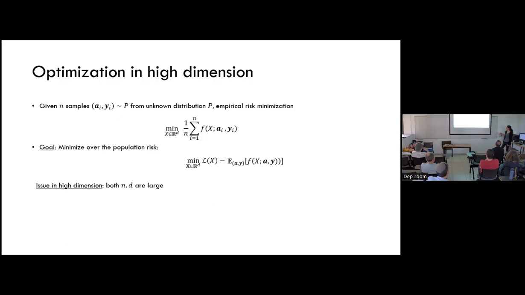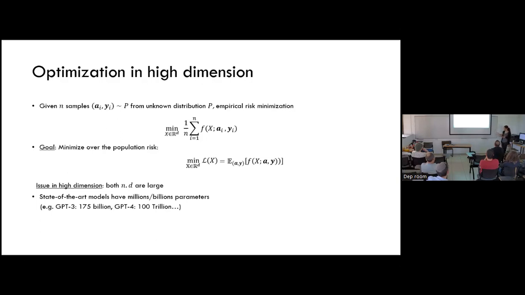And what I will discuss in this talk is what happens when you want to do this minimization when the number of samples that you have is large, but also the number of parameters, the minimization that you're doing over this X, can be very, very large. This is also motivated by practical use in machine learning algorithms.